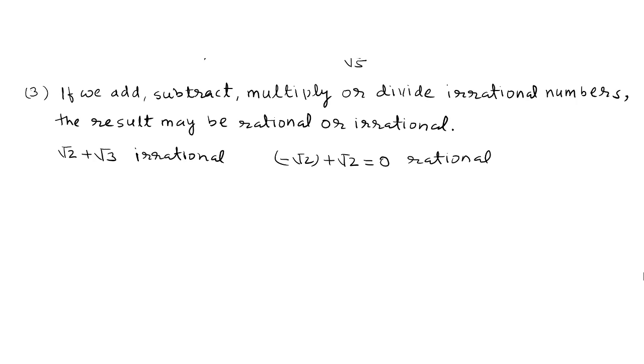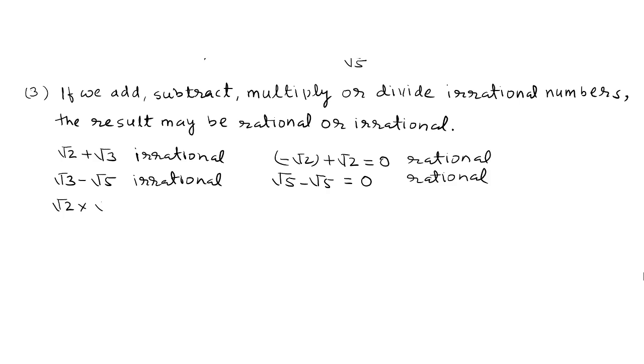Now we go for subtraction. Root 3 minus root 5. This is irrational. Root 5 minus root 5 equal to 0. This is rational. Root 2 multiplied by root 3 equal to root 6. This is irrational.